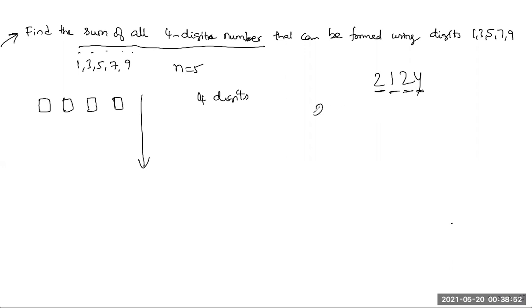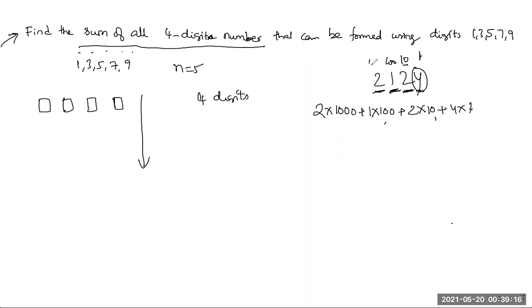So it can be written as 2 into 1000 plus 1 into 100 plus 2 into 10 plus 4 into 1. 4 is being multiplied by the units place, that is 1. 2 is being multiplied by the tens place, that is 10. 1 is being multiplied by the hundreds place, that is 100.